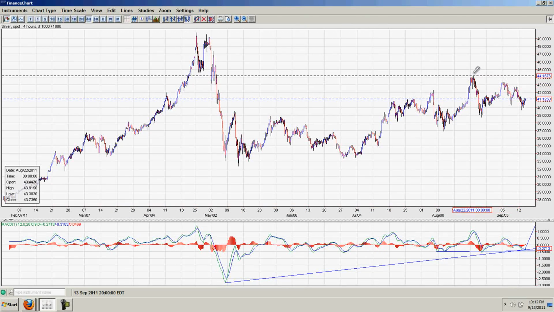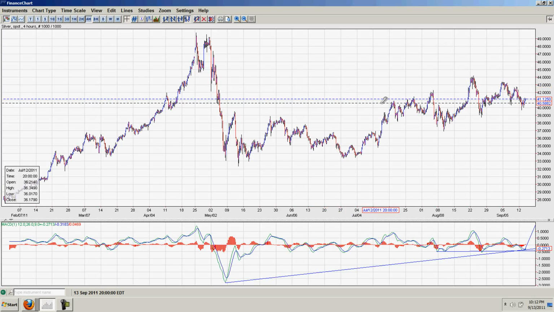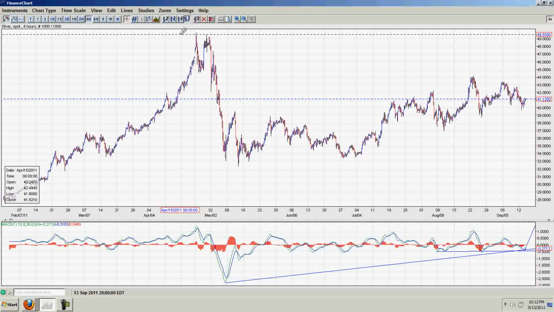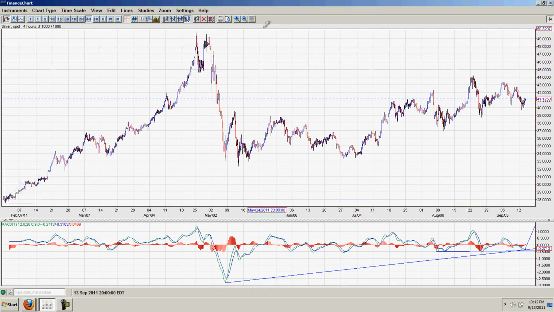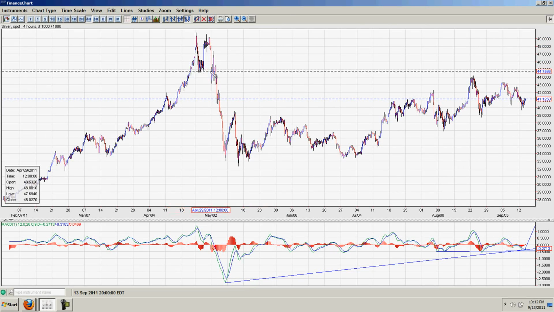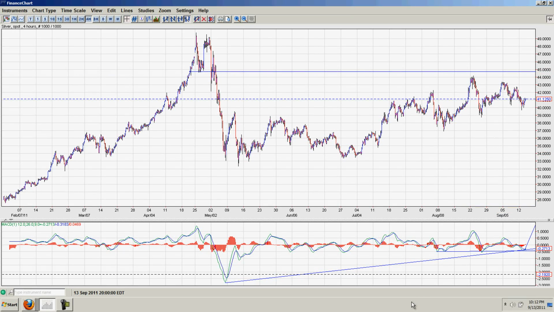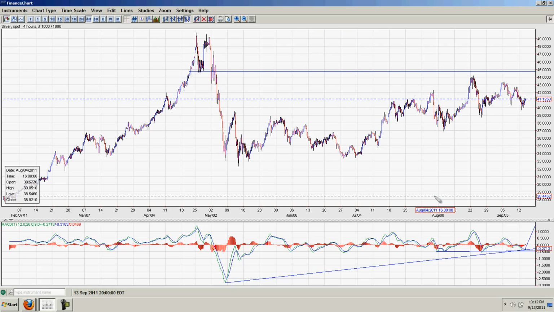Now our resistance in silver is a bit different than gold because we had this huge spike top in May, and that's still the main overlying presence, the bulk of which is right around this point. So this is really a key technical point that we need to test sometime in the future and see how we react when we get to that point.